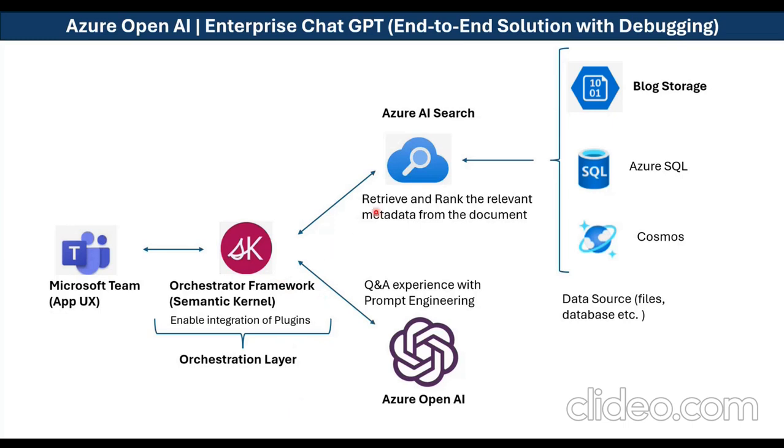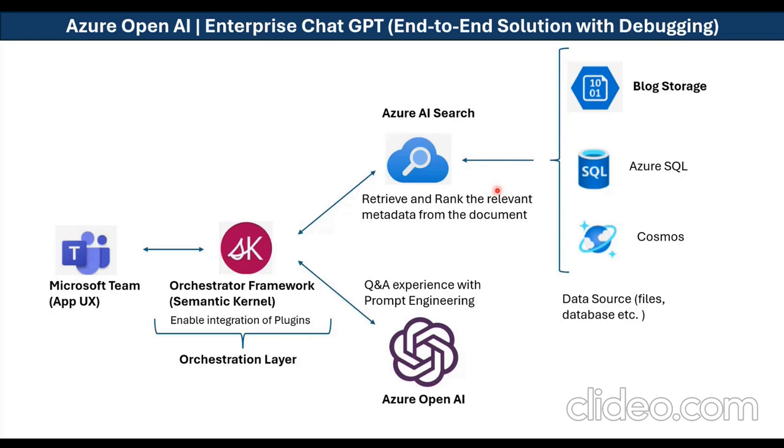After that, we go to Azure AI Search. Azure AI Search is going to get the data, crawl the data, and create the indexes. Based on the queries, we are going to retrieve and rank the relevant metadata from the documents that exist in Azure AI Search. It's not limited to this; it has lots more capability.